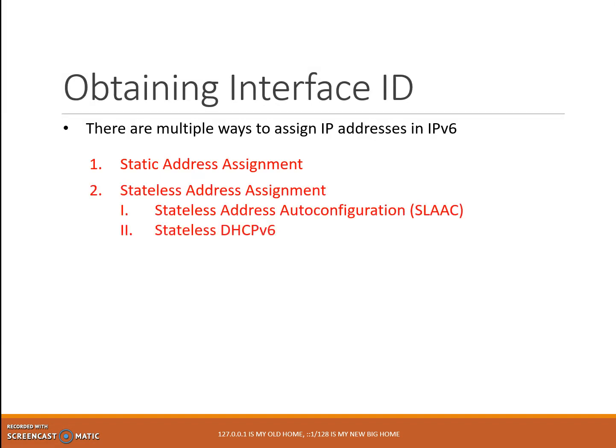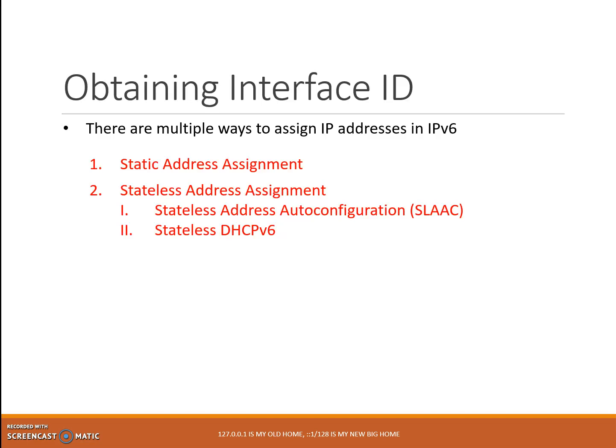Number two, stateless address assignment. And we have two types in this assignment: the stateless address auto-configuration, or what we call SLAAC, and stateless DHCPv6. Actually, this feature is unique to the IPv6 protocol.